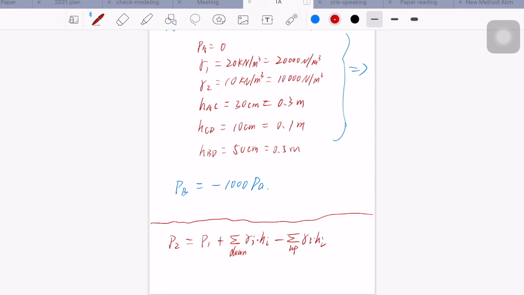You can directly use this equation to solve this problem, and this equation is equation 3.21 on page 73 of your textbook. So we finished this problem.